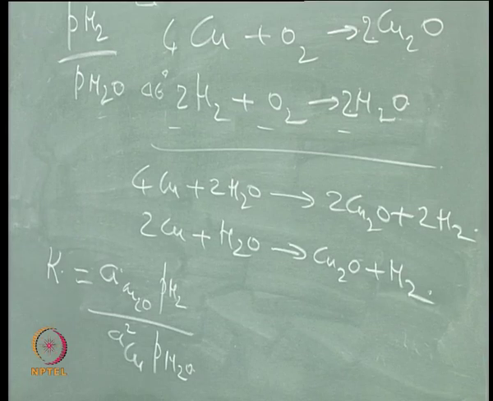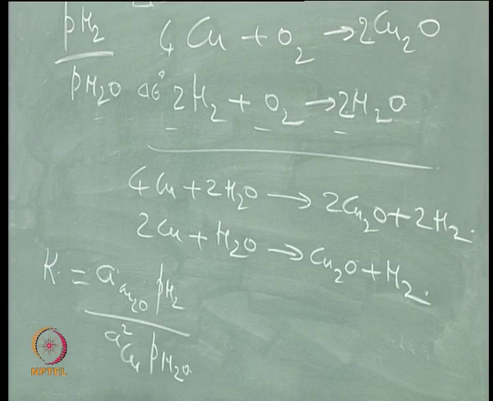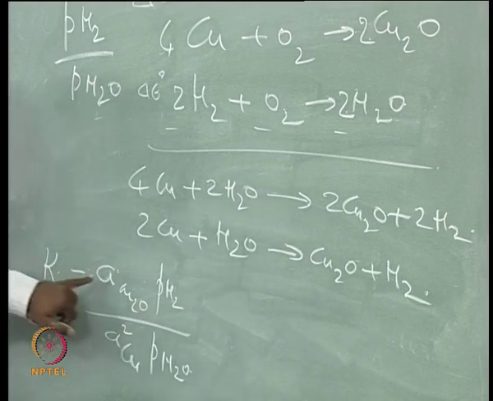If we assume that this reaction is giving you a pure copper oxide and pure copper is getting oxidized in this particular condition, with no impurities, then whenever it is pure the activity is equal to 1.